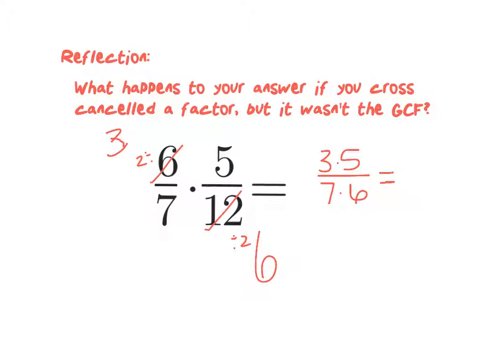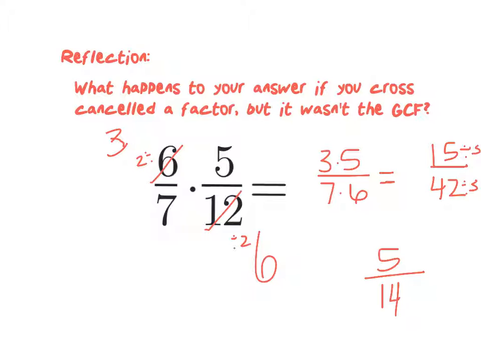So if you cross-cancel a factor, it will make it so that your answer is not all the way simplified. So 15/42 can actually still be simplified by 3. Oops, I don't know if I can write that small. Which would be 5 and 14.